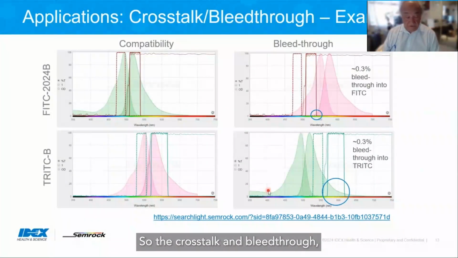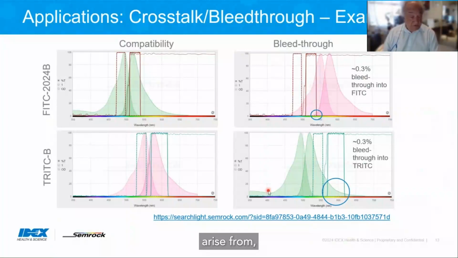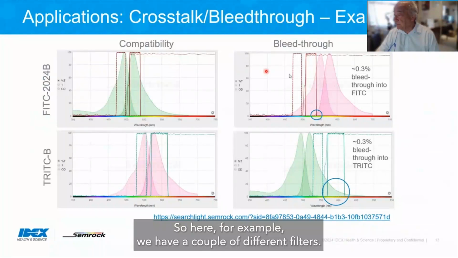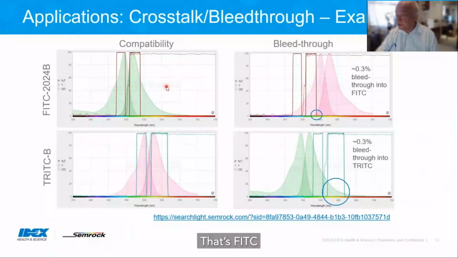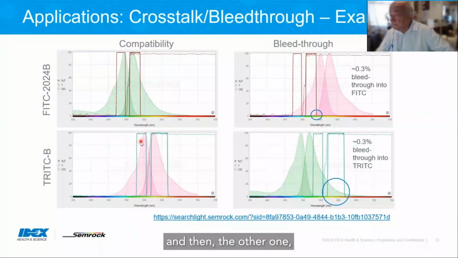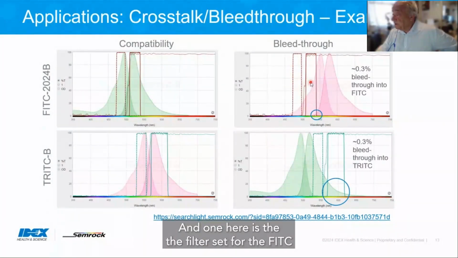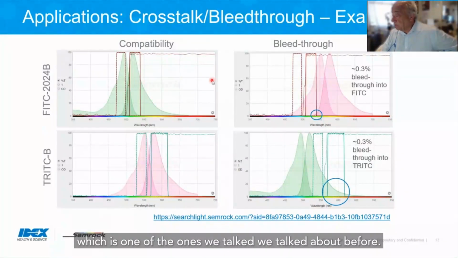The crosstalk and bleed through arise from this little area here. For example, we have a couple of different filters. There's FITC, and then the other one, TRITC, which is in pink. And here is the filter set for the FITC, which is one of the ones we talked about before.